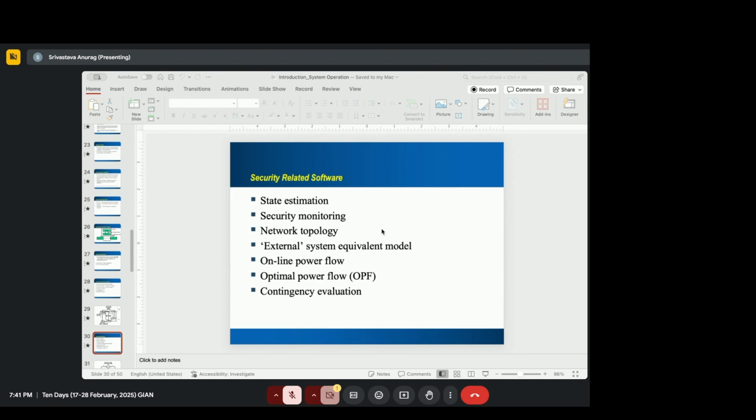Yes, it's possible. In research, it exists. You can do the analysis for a system, and you can show that reliability or security has increased. Whether it has been implemented in the real field or not is a different question, and that has not been done.